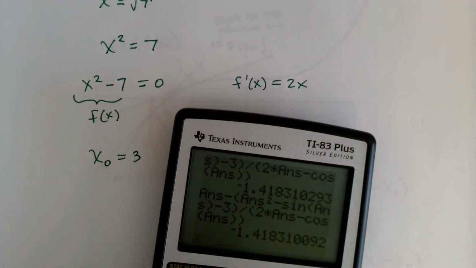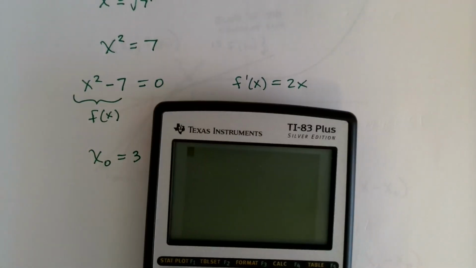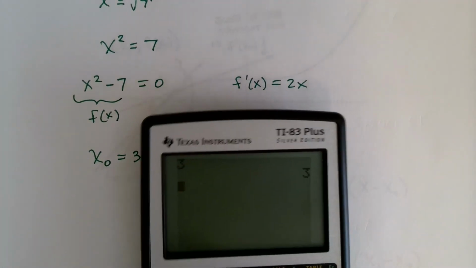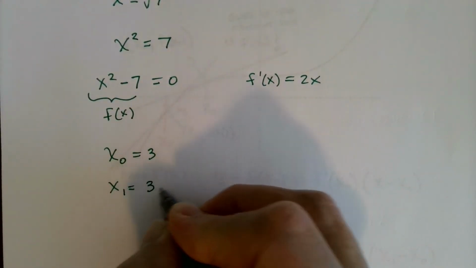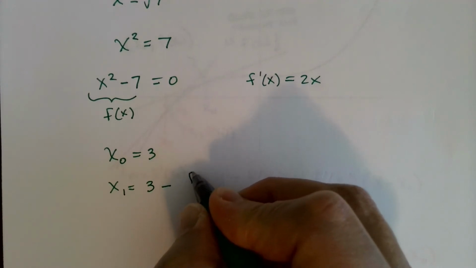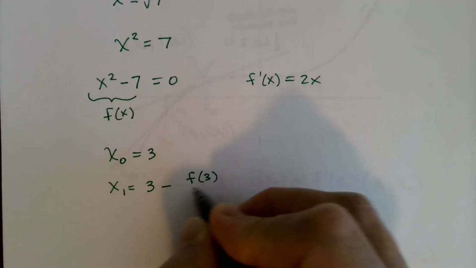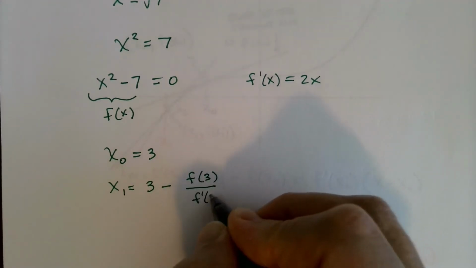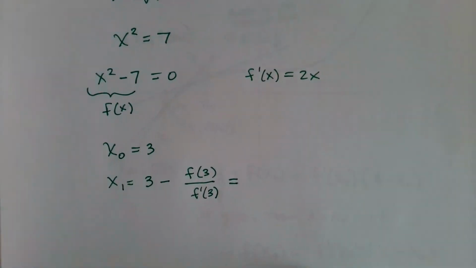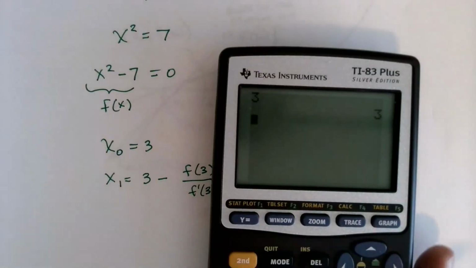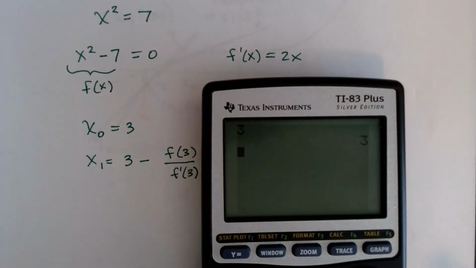So let's clear all this stuff out. So remember how we start? We start with 3, store that into answer. And then what's my x of 1 going to be? It's going to be 3 minus f of 3 over f prime of 3. Okay, and again, I'm going to use the calculator to do this. So, of course, I'm going to use answer, right?